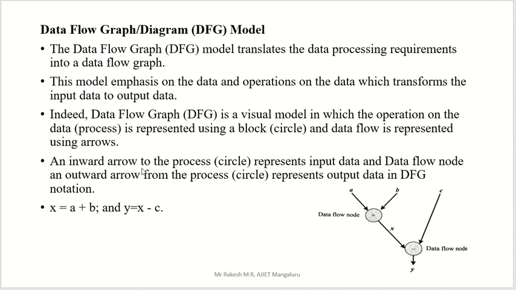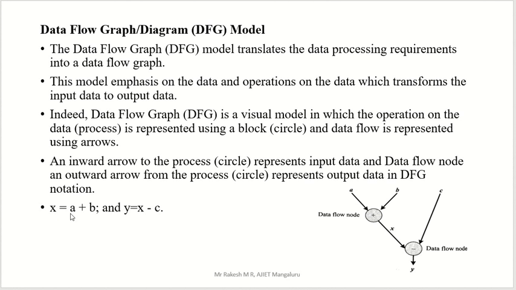An inward arrow to the process or circle represents input data, and an outward arrow from the process represents output data. Outward arrow is output data, inward arrow is input data for that particular circle, which is actually the process or operation.